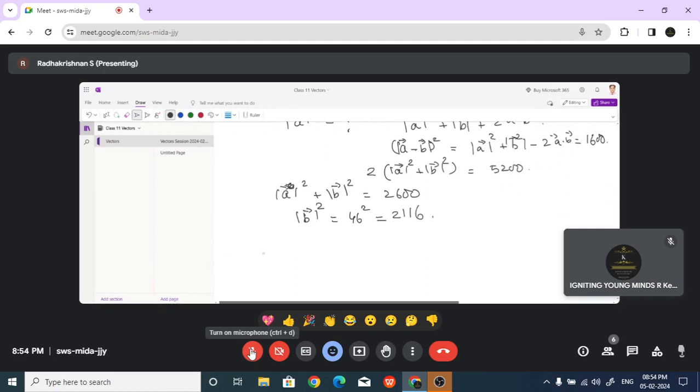So this gives me magnitude of a square is equal to 2600 minus 2116, so you get 484. Square root of 484, which is 20. Okay.